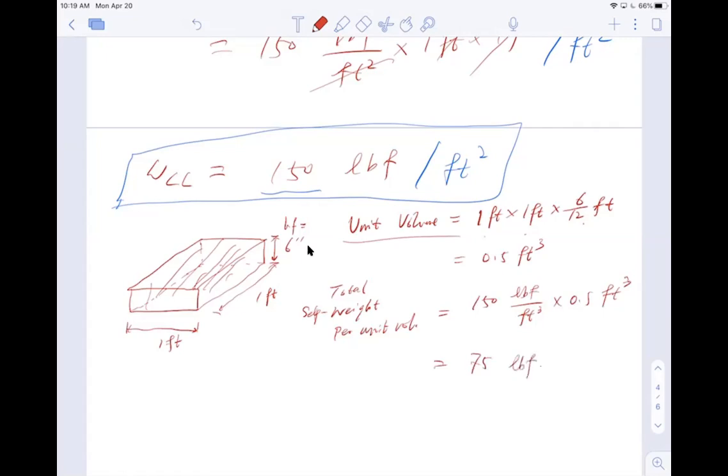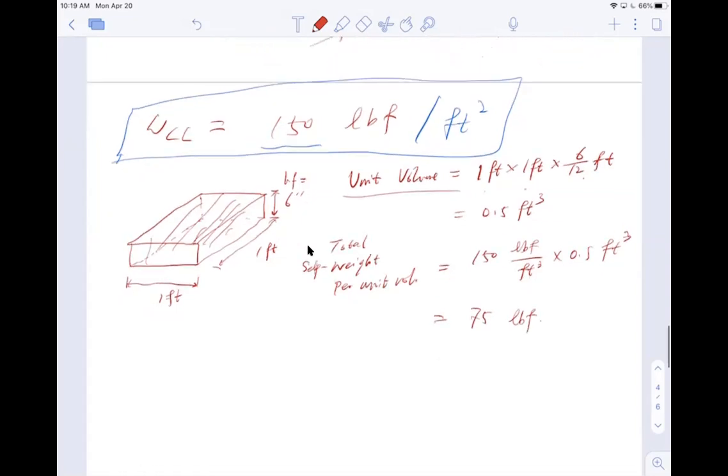That's how much weight I have per this volume. But this is unit volume, so I also want to convert it to a dead load. That would be the 75 pounds per foot in this direction and per foot in the other direction, so I'll have per foot squared. All right, so that's the dead load.